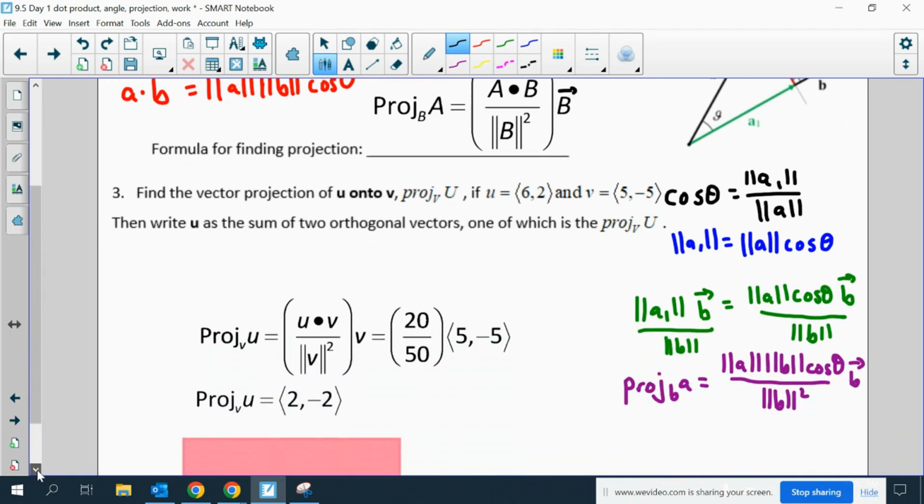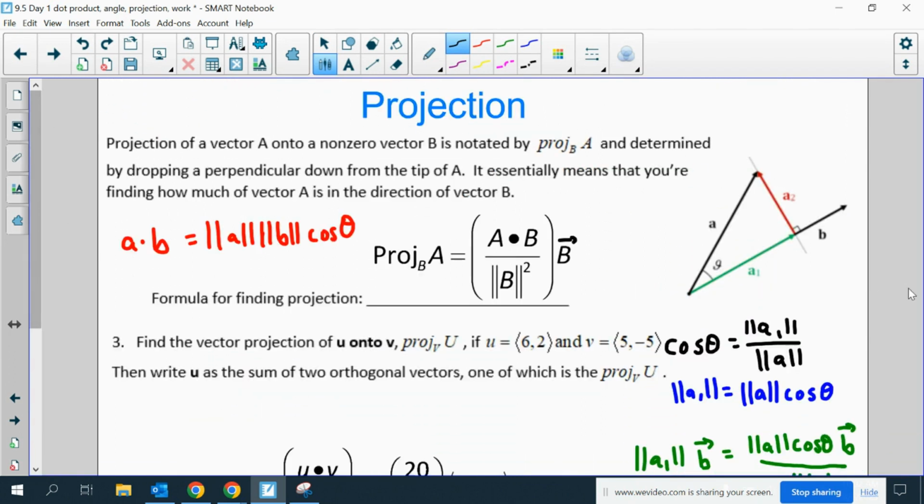And let's just take a look at what we see here. So if I look at this picture, the cosine of theta is going to equal the magnitude of A1 divided by the magnitude of A. So what I'm trying to do is figure out what is this vector. What is vector A1 as a vector, not just as a magnitude?